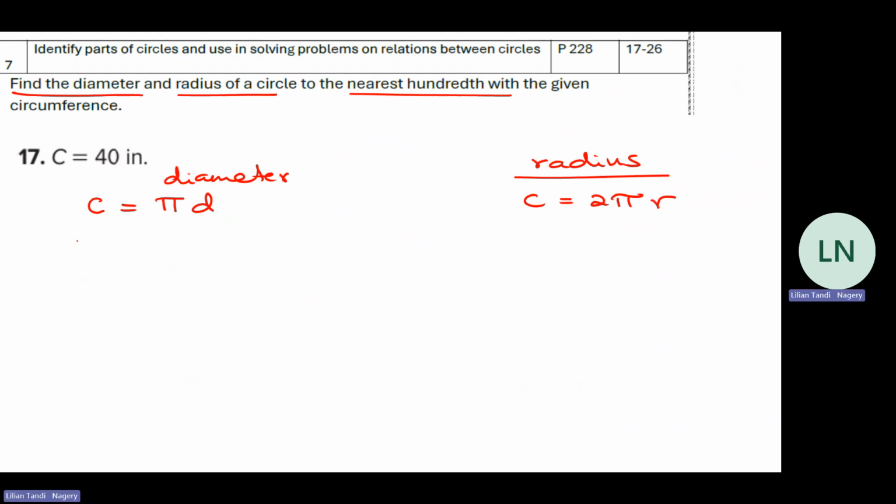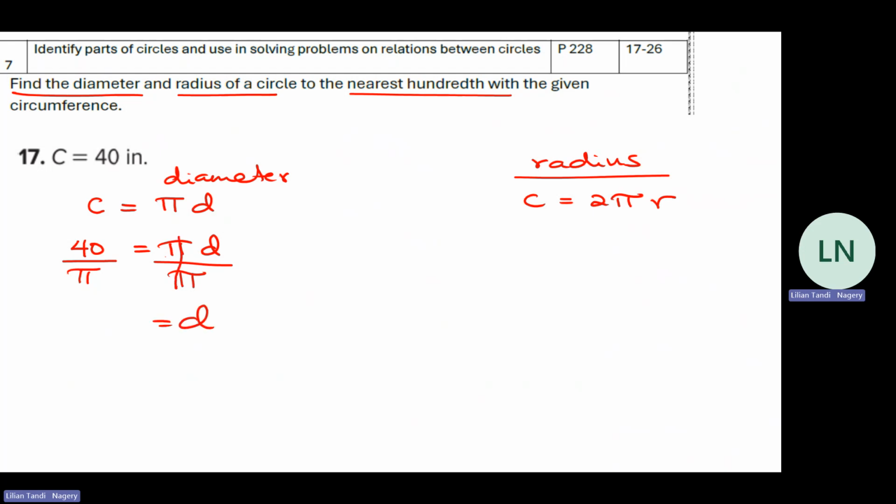So this is 40 equals pi d. Who is the number that is friends with 40 on this side? Pi. Anyway, I want diameter, so pi has to go. Pi will go by dividing both sides by pi. This goes away. You're going to get d.